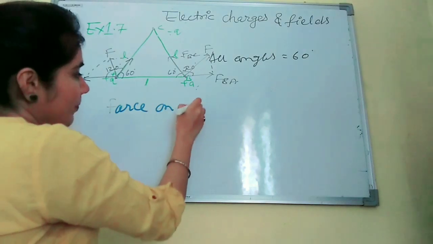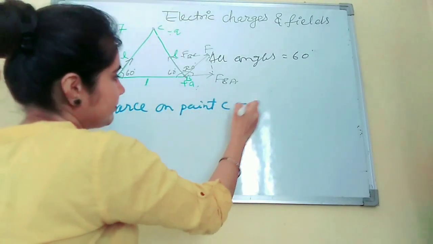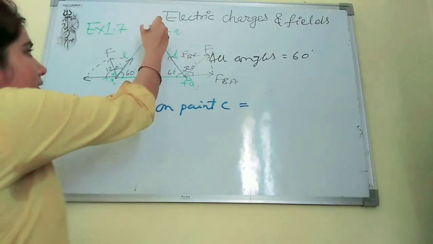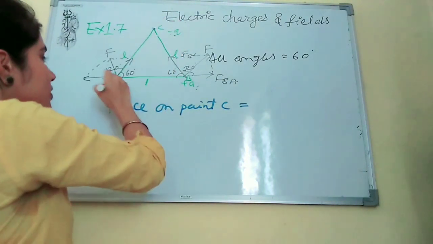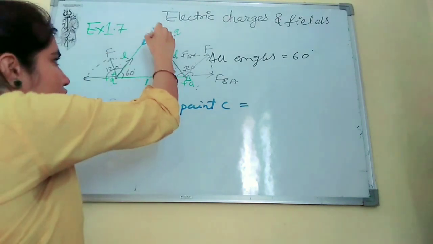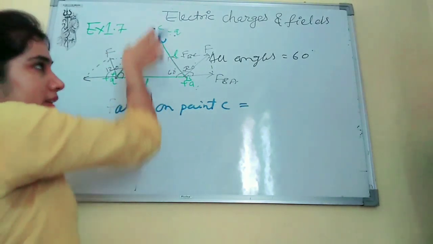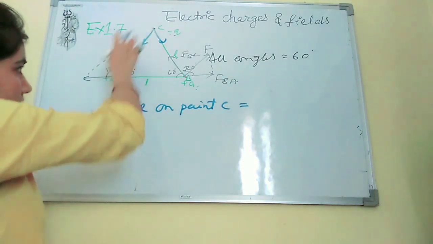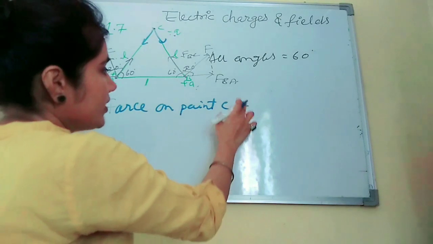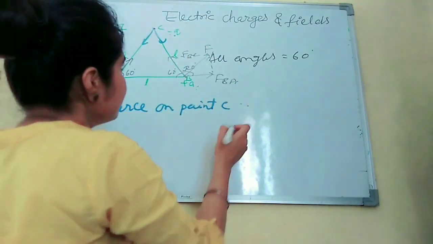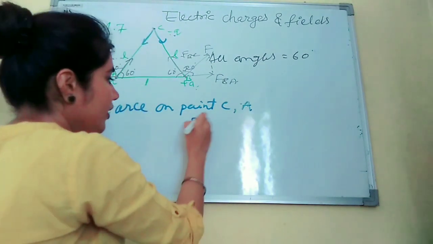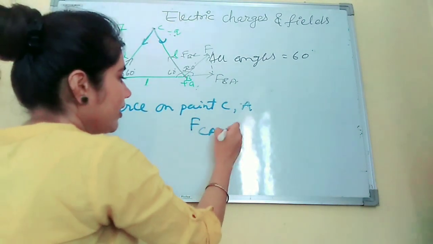Force on point C. Again it is negative and it is positive, so it will get attracted towards this. So the force will apply in the downward direction. You can see, the force on point C because of A will be force CA.